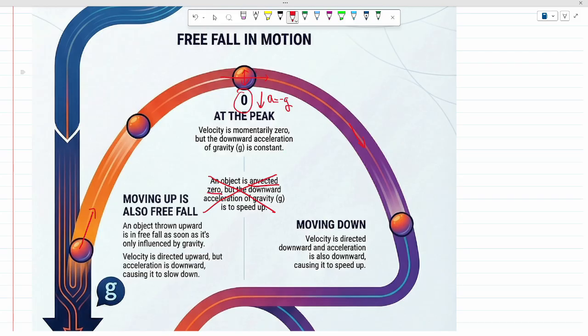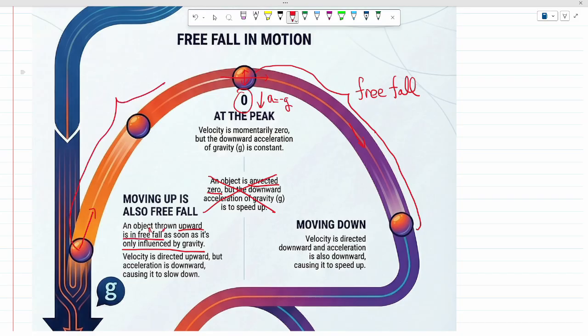And sometimes people think it's this part that describes free fall. And what I am saying is, according to the definition above, that free fall is when an object moves under the influence of gravity alone, that even while the ball is moving upward, it is in free fall. So from this point all the way to the top is also free fall.